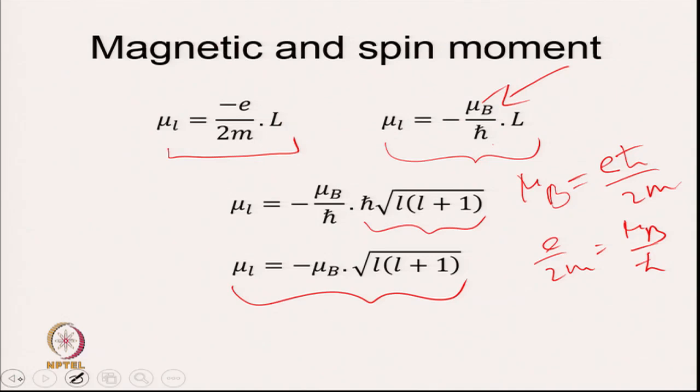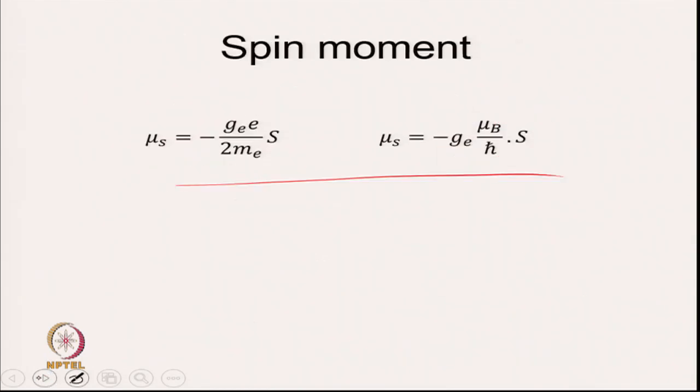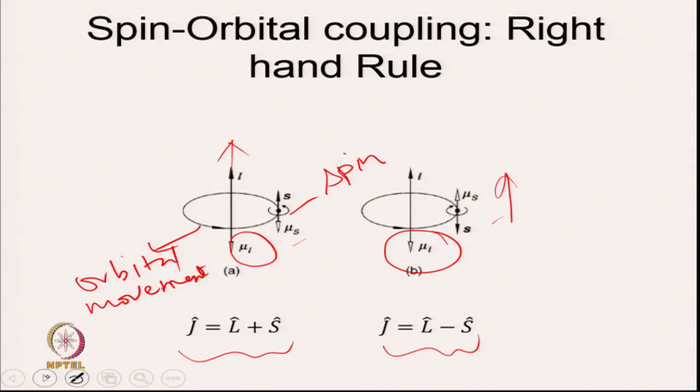So, if I go here, you see current is equal to mu L by A, and mu L is this, am I right. So, I is equal to mu L, which is minus E by 2 m, into L, divided by A. So, remember this, minus E by 2 m into L. Now, go and see here.